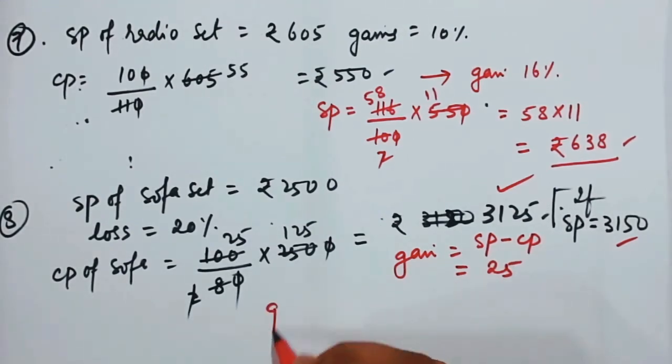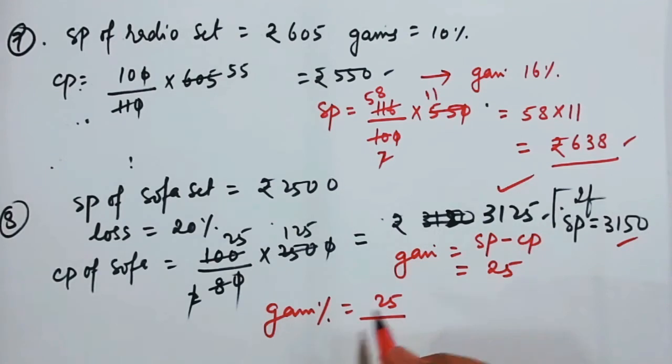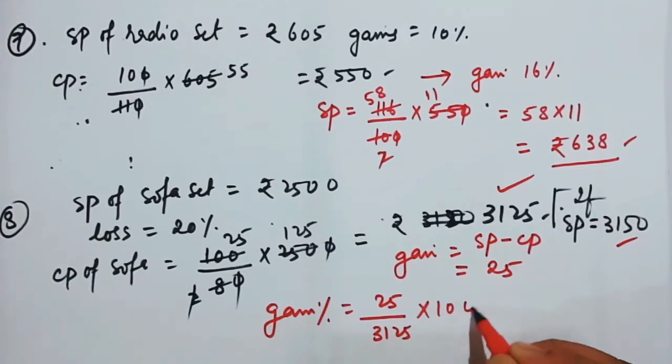So gain percent will be equal to gain by CP into 100, gain by cost price. Cost price of the sofa is how much? 3125 times 100. Let's solve it. So 25 how many times? 25, when you cancel it, you will get 125.